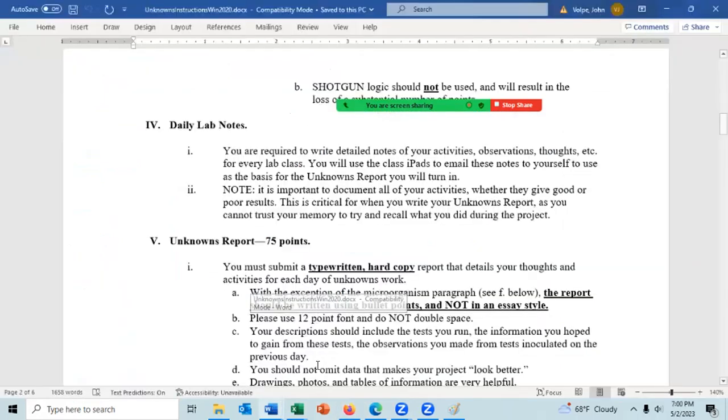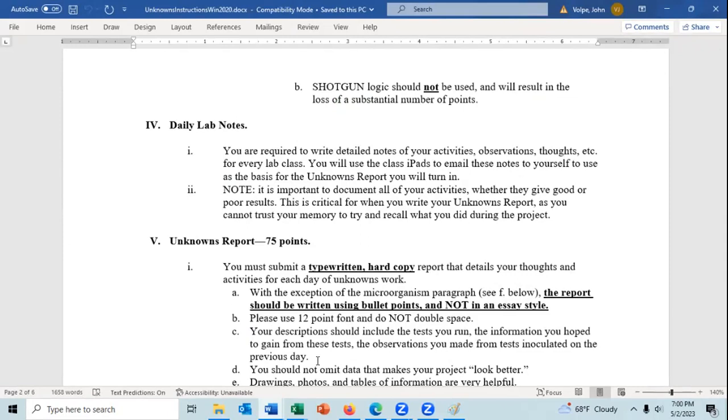Where the heck is that? Oh, here it is. All right, so your daily notes in your unknown notes pages can be informal. You do not have to be formal. If you do make your unknown notes pages formal, then it'll be very similar to your unknown report.